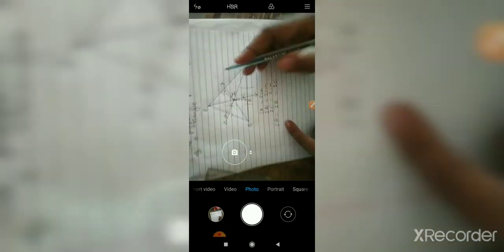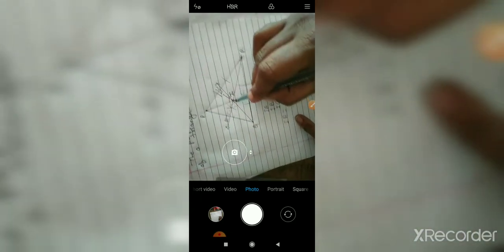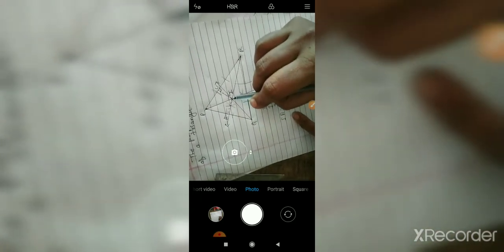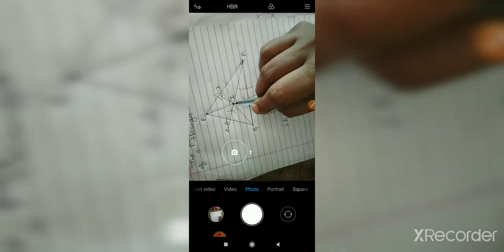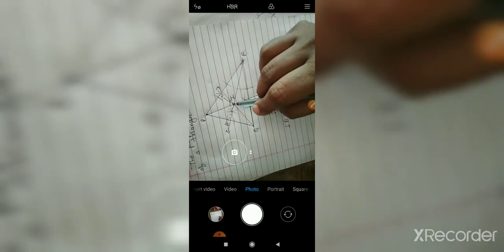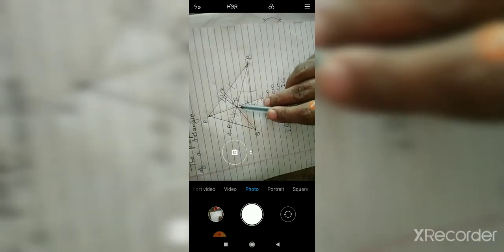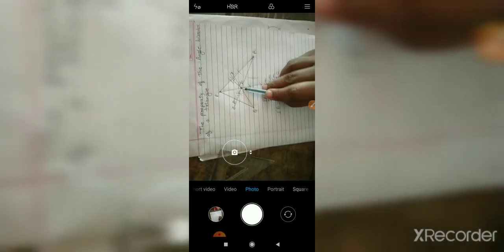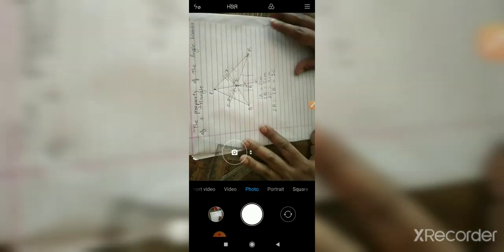From this we understand that the point of concurrence of the angle bisectors is inside the triangle, and that point is equidistant from all sides of the triangle. So the property of the angle bisectors of a triangle is that the point of concurrence of the angle bisectors is equidistant from all sides of the triangle.